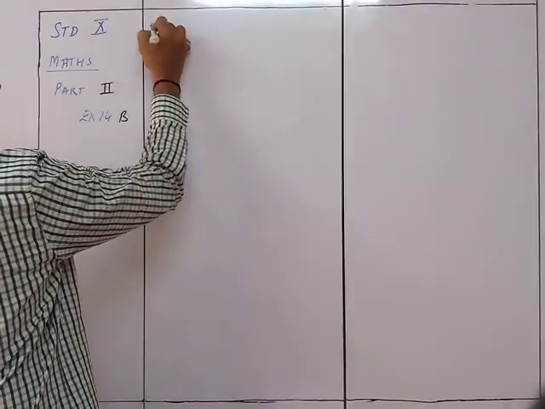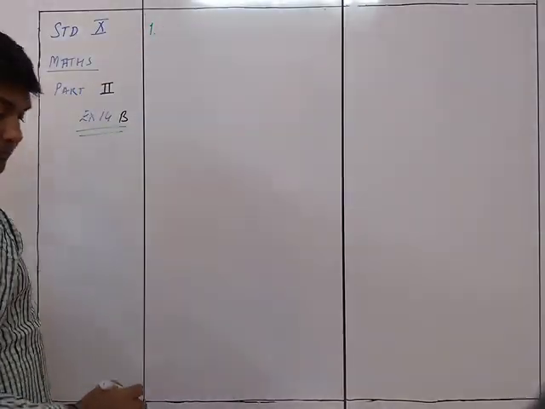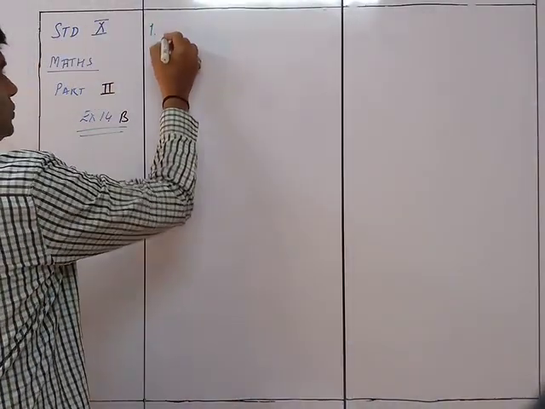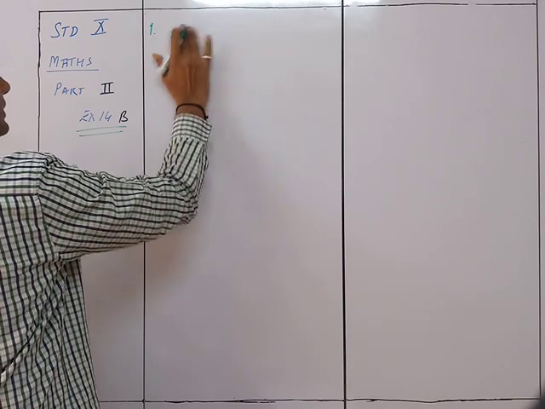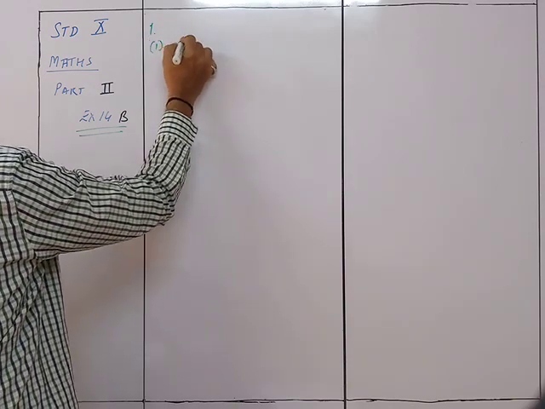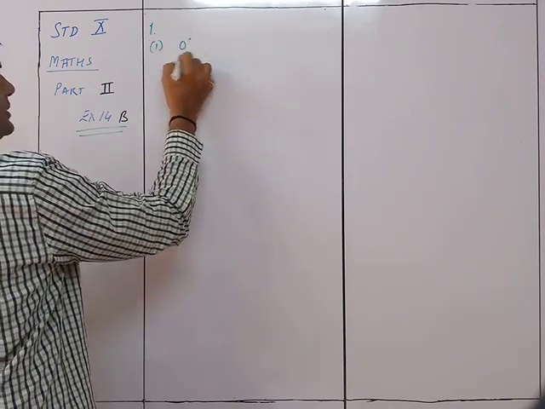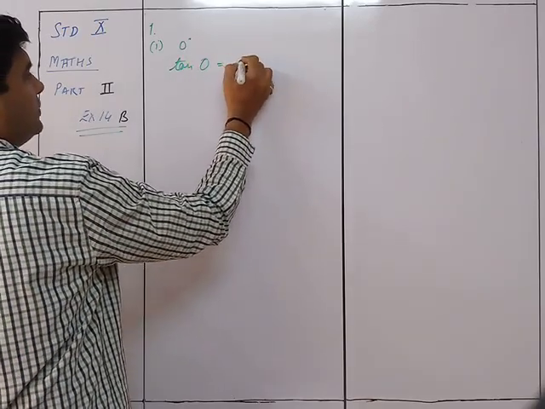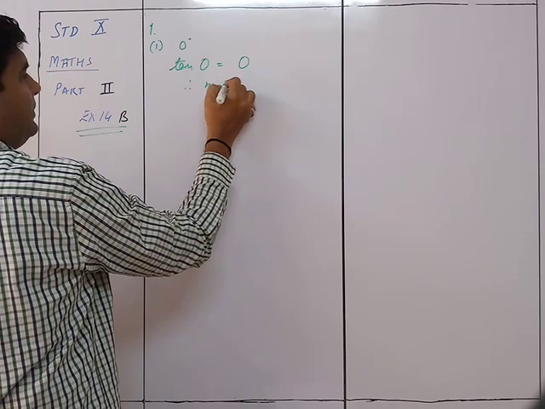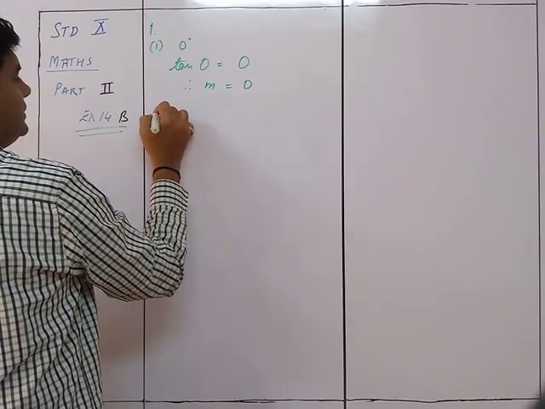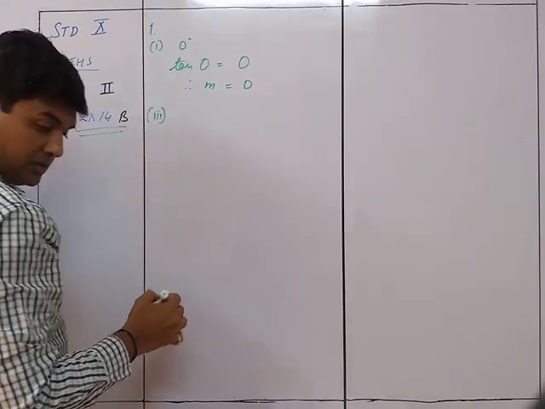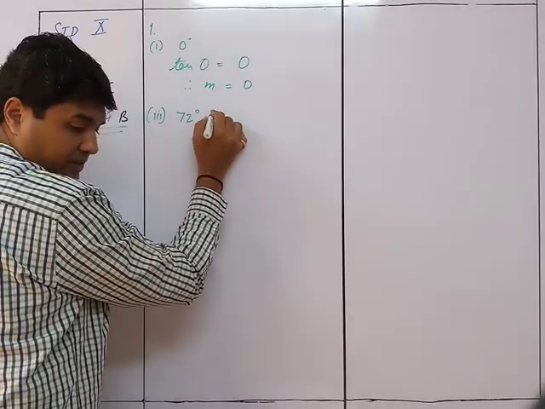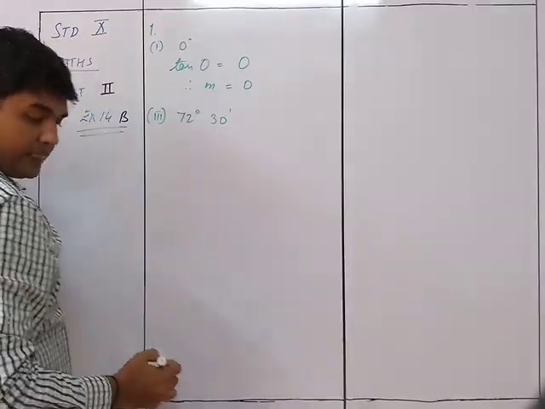Question 1, exercise 14b. Find the slope of the line whose inclination is: first one is 0 degrees. So tan 0 is equal to 0. Therefore, m is equal to 0. Third one, it's 72 degrees and 30 minutes.